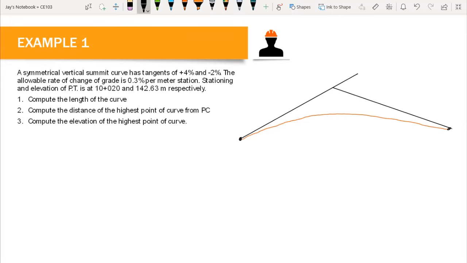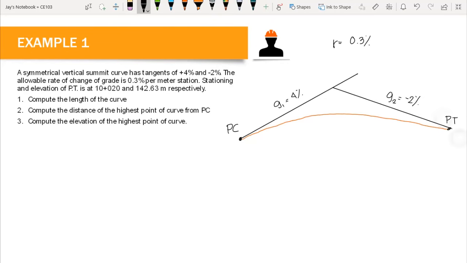Again, this is a summit curve. We have a PC and we also have a PT here, or we can also say PVC and PVT. It's up to you. Now, we have the grade for our back tangent, which is 4%, and the grade for our forward tangent, which is negative 2%. We also have given that our R is equal to 0.3% per meter station.